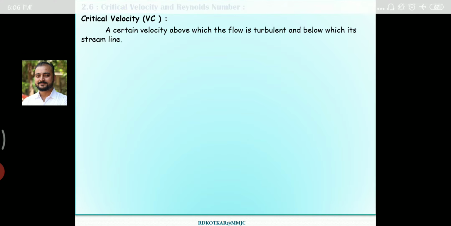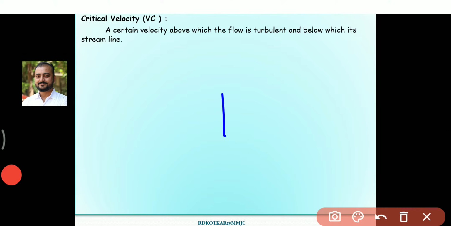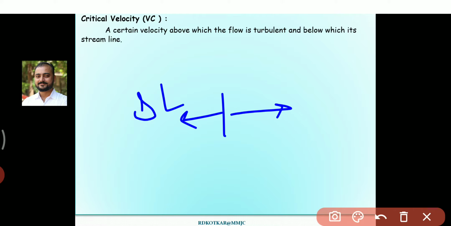This velocity is like a boundary line. If you are below it, you observe streamline flow, and if you are above it, you observe turbulent flow.